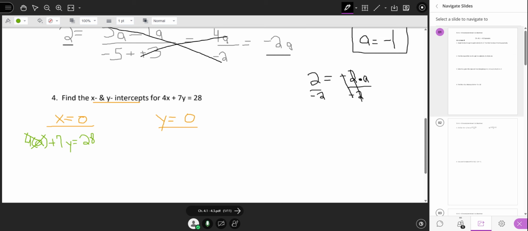And then do the same thing with y. Chop chop. Remember, nothing times stuff is nothing.